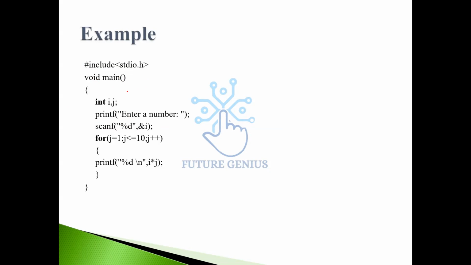This is an example of printing the table of a given number. So void main, this is a preprocessor. There are two variables, and both variables are of type integer, so I'm declaring i and j. Now the printf statement says enter a number, and with the help of scanf I am entering the value in i.